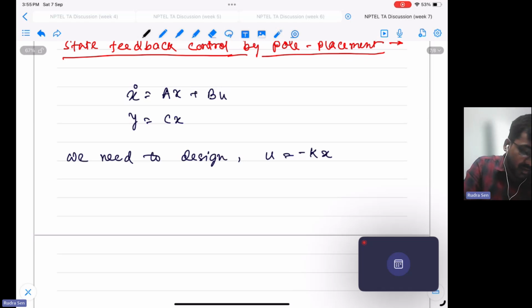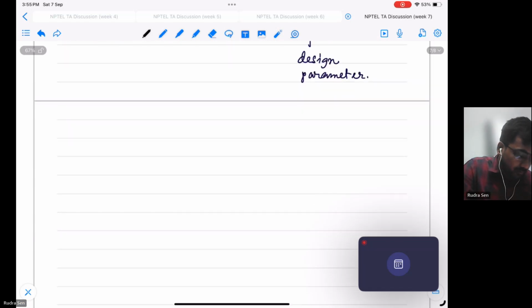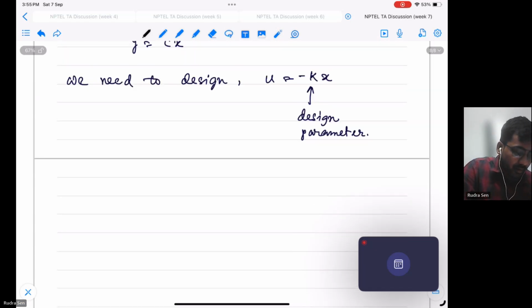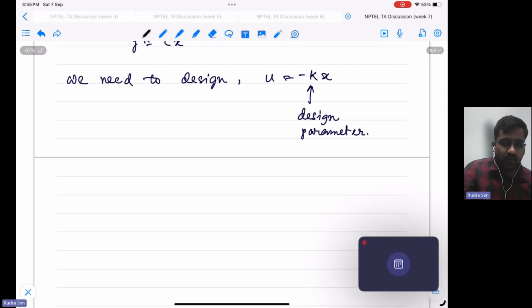So this is basically the design parameter. There are three procedures for how we can design this K parameter. We will see by using examples.